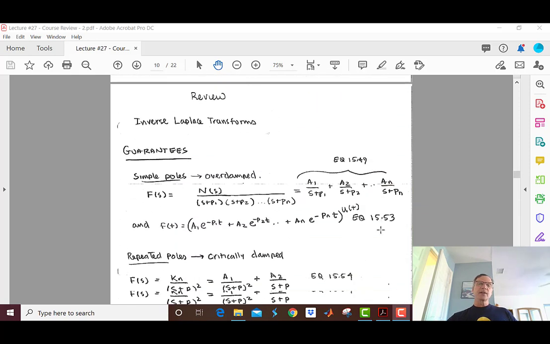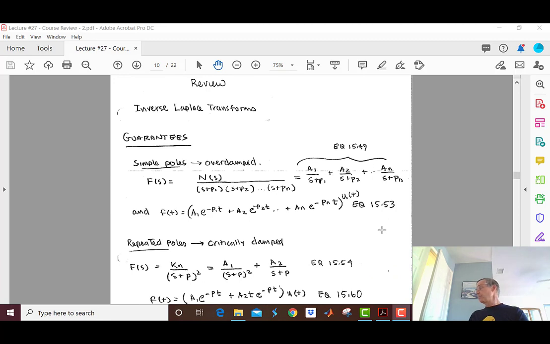And we have these things that I call guarantees. The book doesn't call them guarantees, it just shows you how to do it, but I like calling them guarantees.